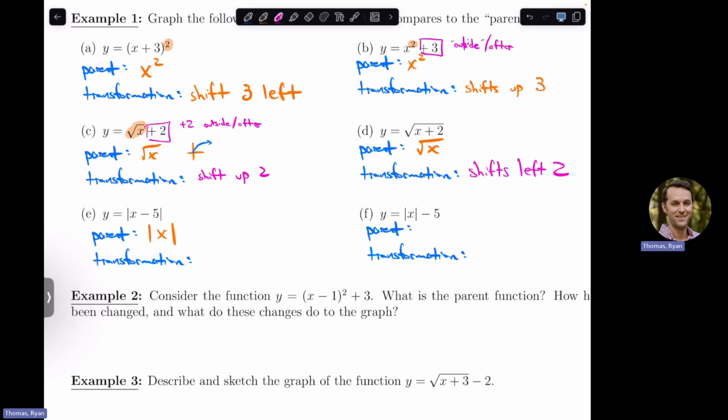All right, again, that acts like a grouping symbol as well. So what does that do to change it? Shifts to the right. Okay, and then the last one, again, absolute value. -5 on the outside or after you take the absolute value, and that shifts everything down.